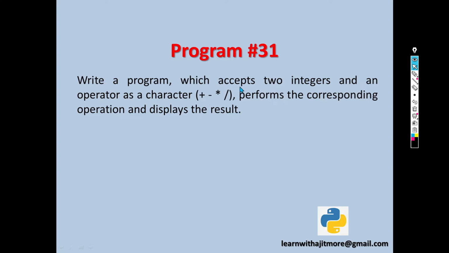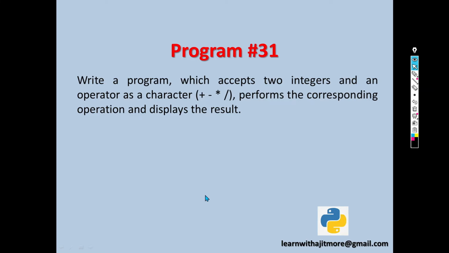So we have to accept two integers and this operator, and based on the operator, perform the appropriate operation and display the result. If the operator given is plus, then add the two numbers and display the result. If it is minus, subtract the two numbers and display the result.